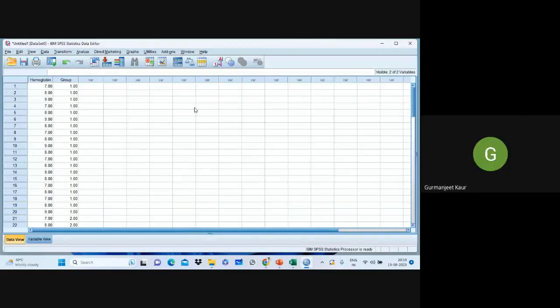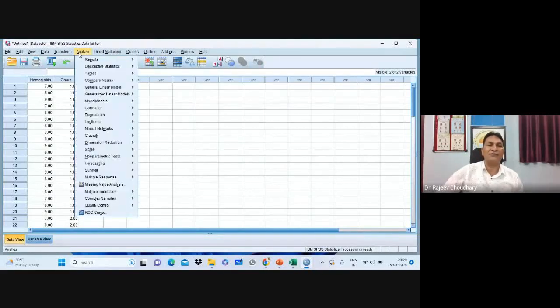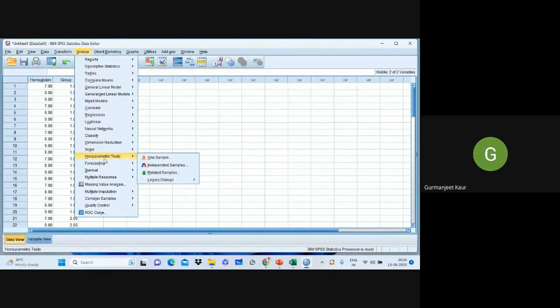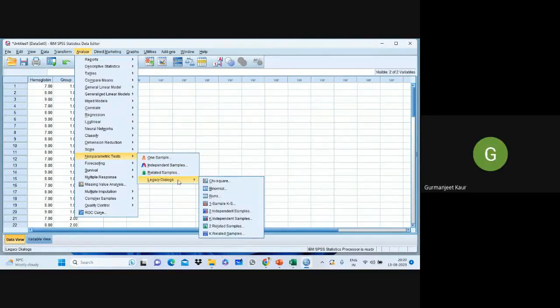Now I am going to analyze. Go to Analyze, then Non-parametric test, then Legacy dialog.